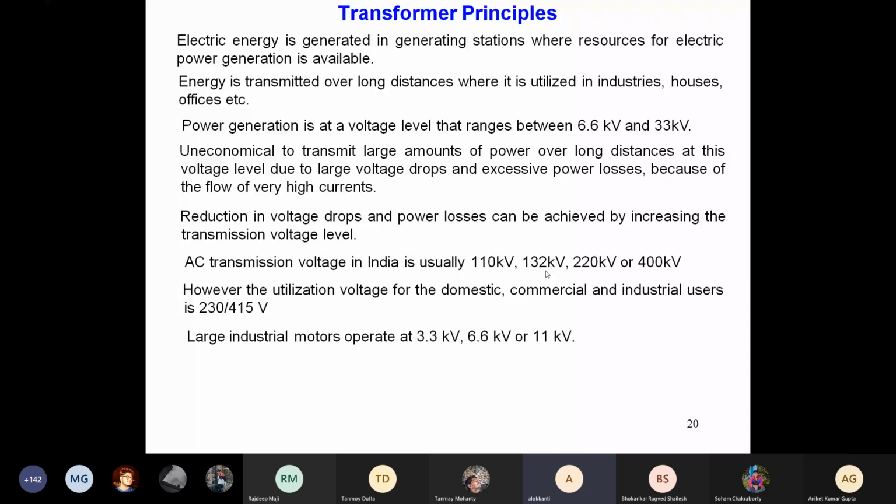All of you must have seen the domestic motor. In our house there is some motor to pump water from the ground level to the top floor, or a motor inside the refrigerator, fans, everywhere. But in industry the motors operate at 3.3 kilovolts, 6.6 kilovolts, 11 kilovolts.